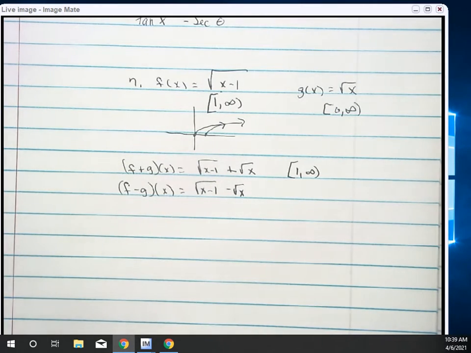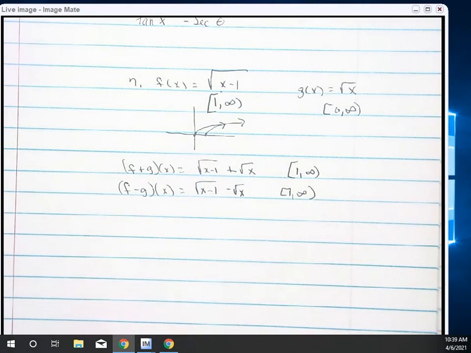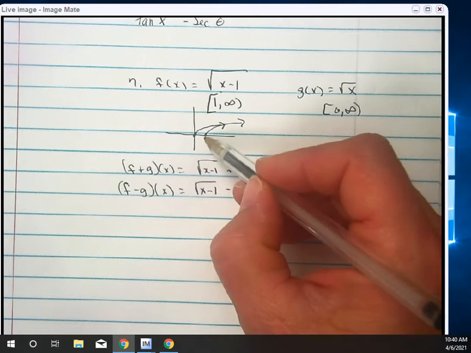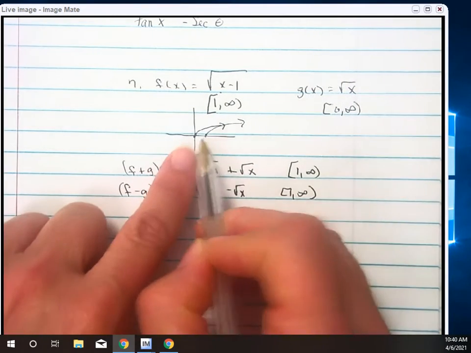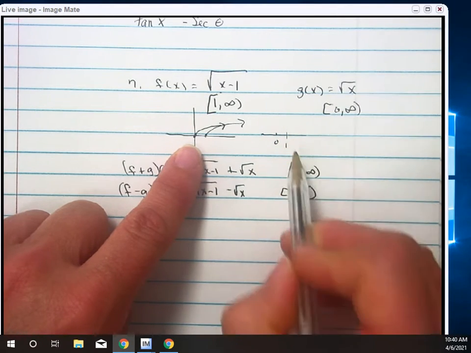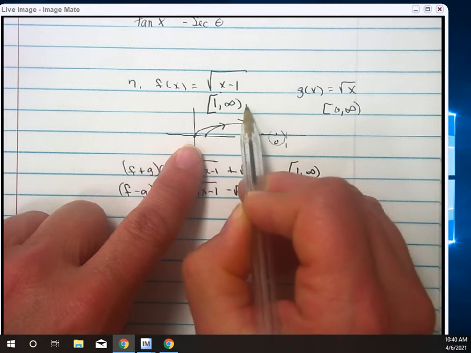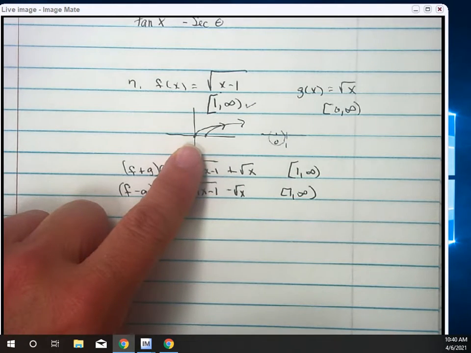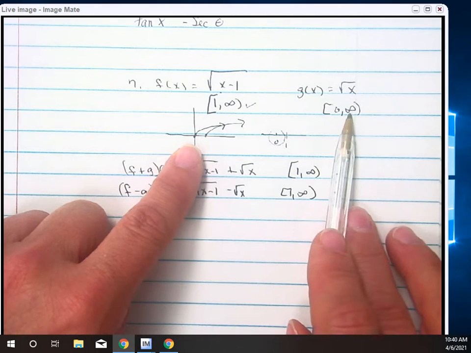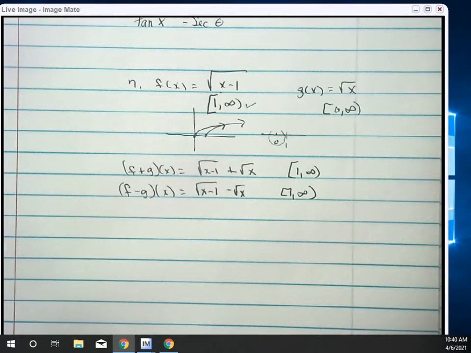Which one is more restrictive? 1 to infinity. On a number line, when you're graphing it, you're not counting the 0 to infinity because this one does not have 0 in its domain. So we're throwing out the parts that aren't in all of them.